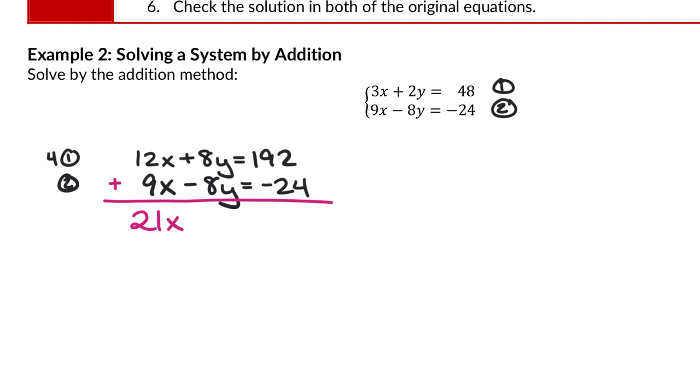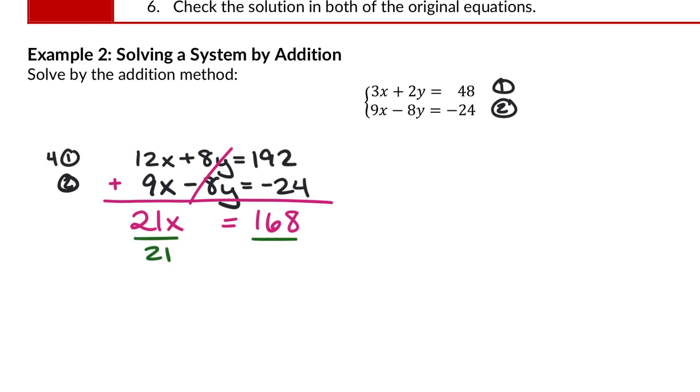Positive 8y and negative 8y cancel each other out. And 192 plus -24 is 168. Look how quickly we got this down to an equation that we can solve. If we're solving for x, how do I solve for x?